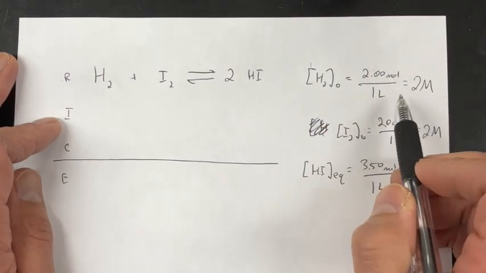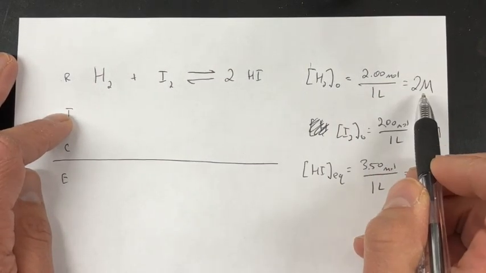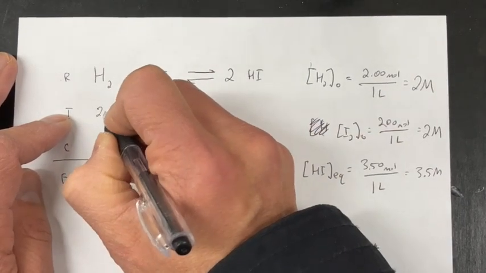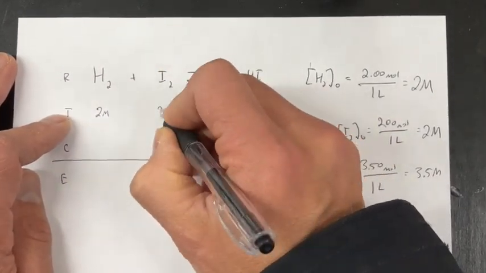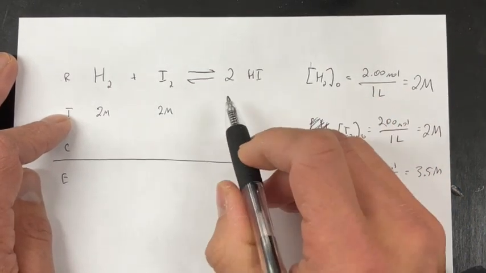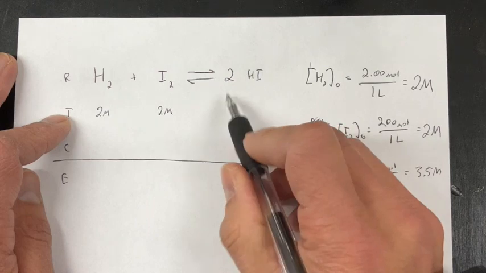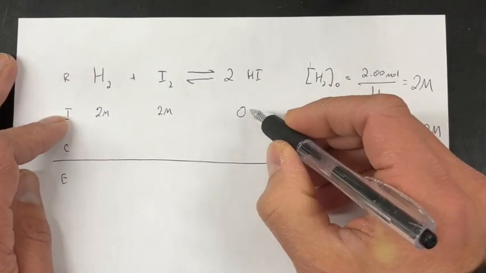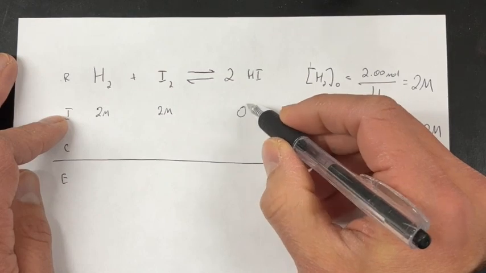So initial values, if you have values, you're going to plug them in. And here I have 2 molar for my H2, 2 molar for my I2. And because it's evacuated, initially my HI is going to be 0. So I had no HI to begin with.